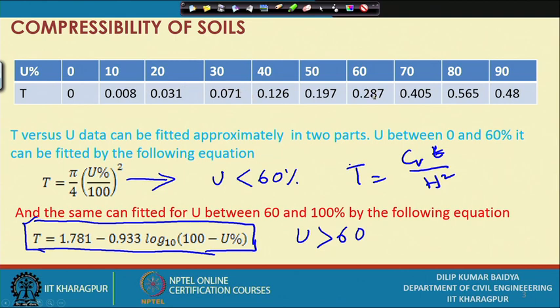One, directly one can read the chart: you know the degree of consolidation 50%, from the chart you find out what is the T. Another way, generate data for T versus u, then you fit. Or you can directly use the equation to find out the T if you know the u. So, in these ways one can find out T versus u.